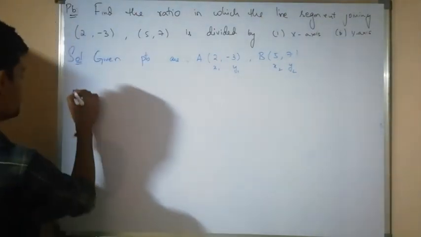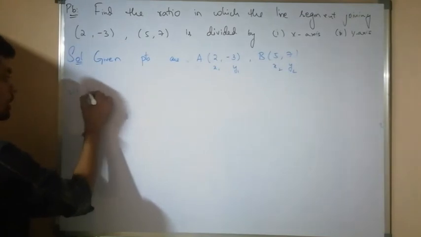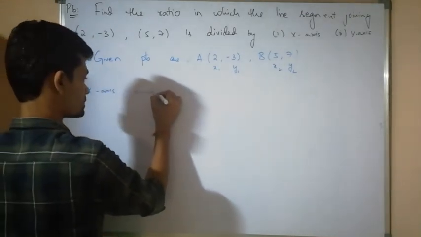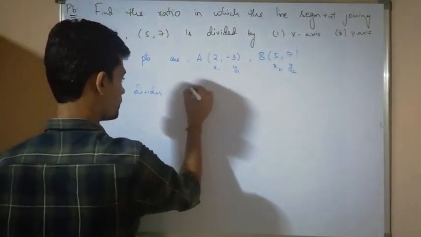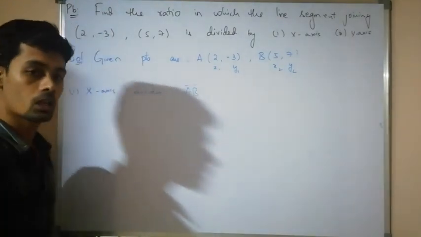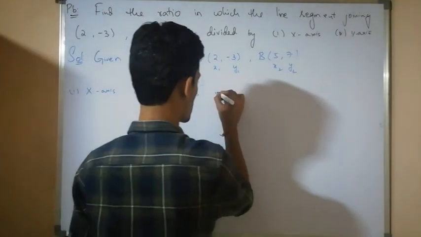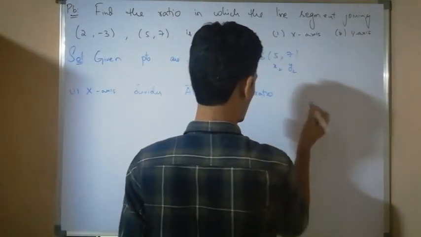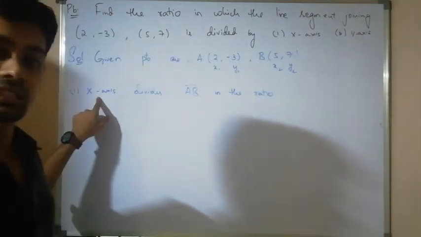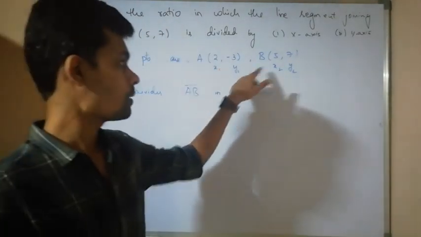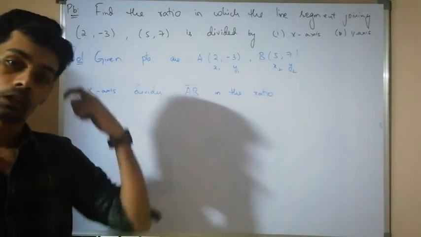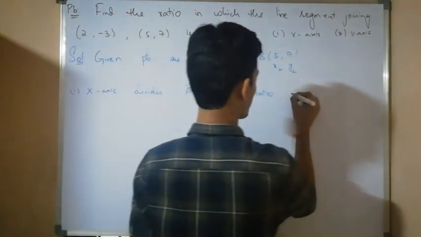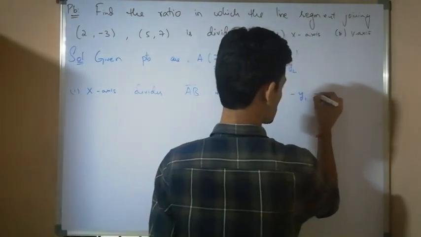Now first one, x-axis divides the line segment AB in the ratio, if x-axis divides the line segment x1 comma y1 and x2 comma y2, it is minus y1 is to y2.